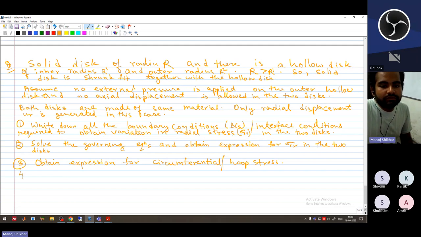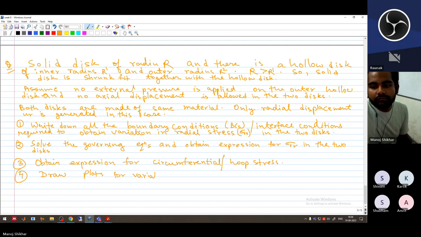And fourth one, draw plots for variation of sigma RR and sigma theta theta. Okay, so here you have to find basically sigma theta theta.